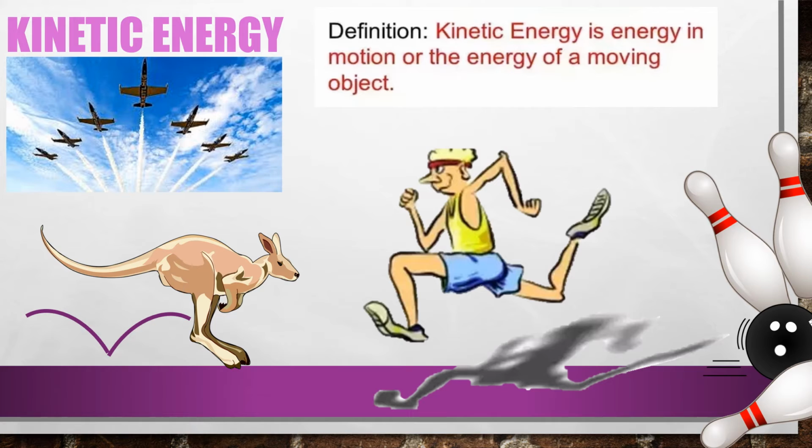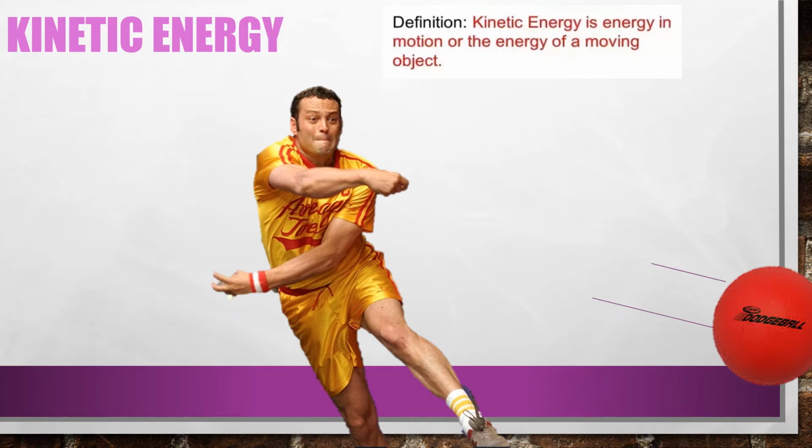Or even if one of our favorite pastimes is bowling. Right? So I'm going to transfer my energy from my hand to the bowling ball and it rolls down in kinetic energy. And then it hits the bowling pins and hopefully knocks them down. Once again, a transfer of energy. So kinetic just simply means to move.